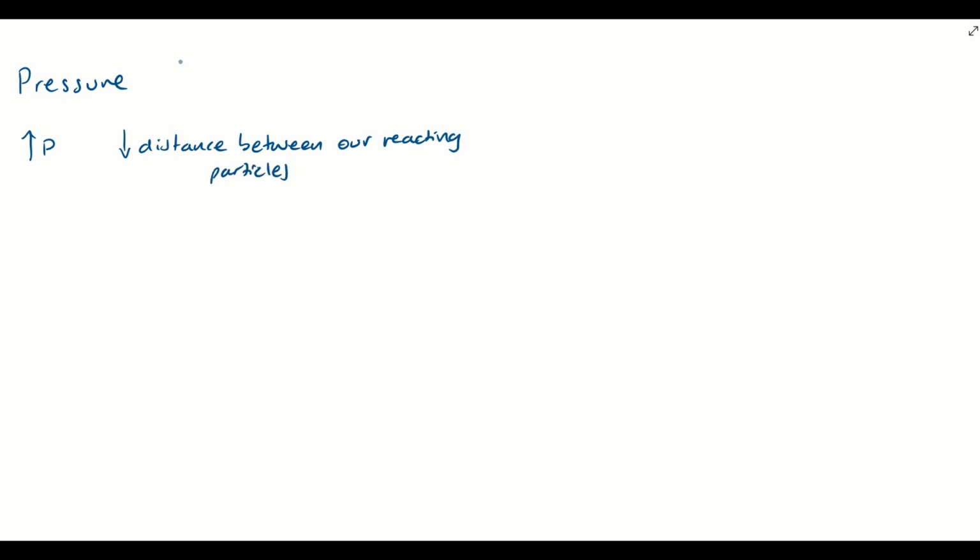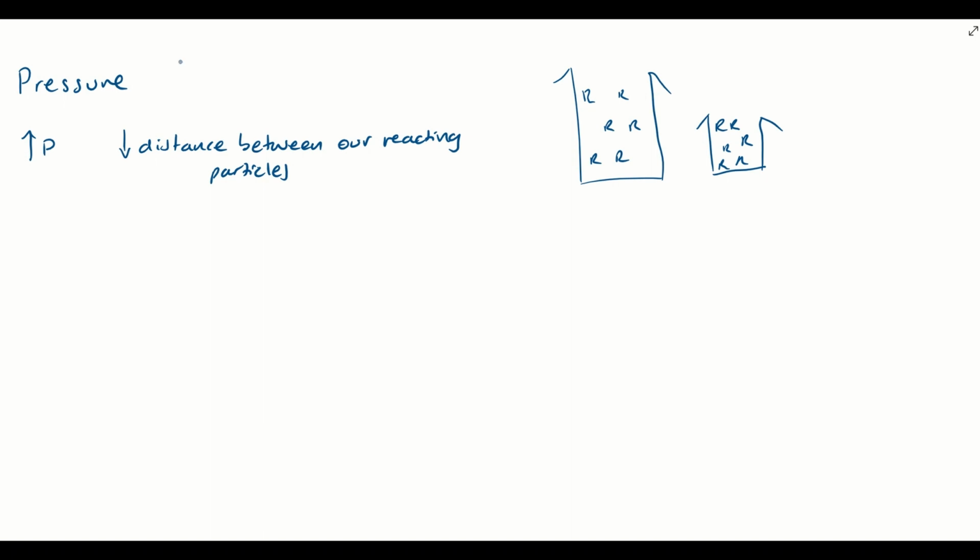Okay, so for example, we have our reactant vessel here, and we have our reactant particles here labeled R. And then we decrease the volume, for example. So we decrease the volume of this container, and now we have R's are all much closer together. Okay, so by decreasing the volume or increasing the pressure, we're going to decrease the distance between our reacting molecules.